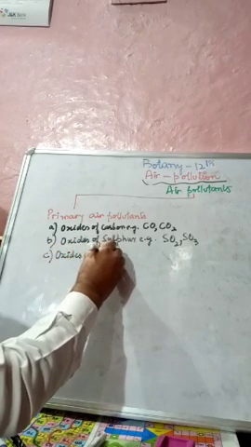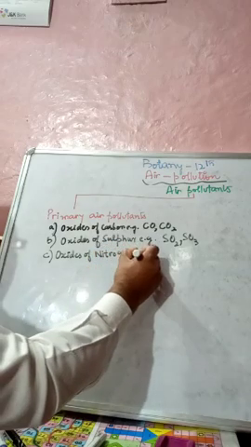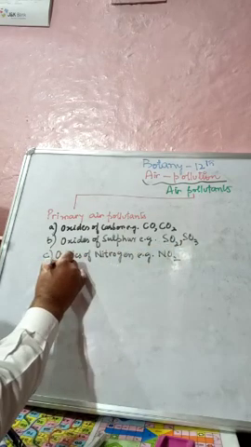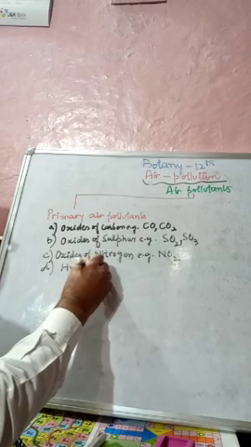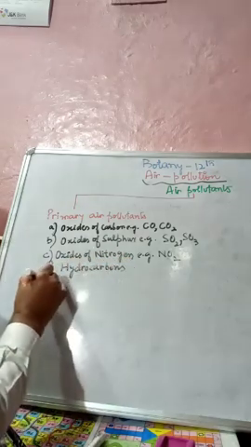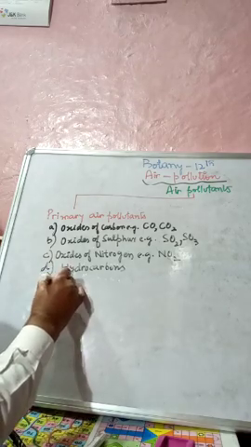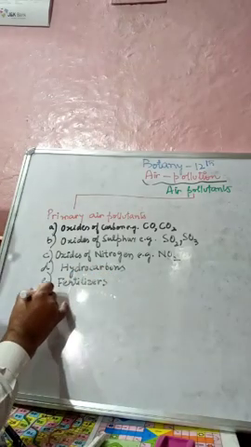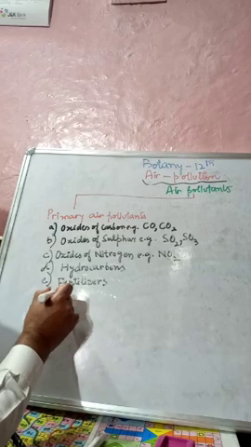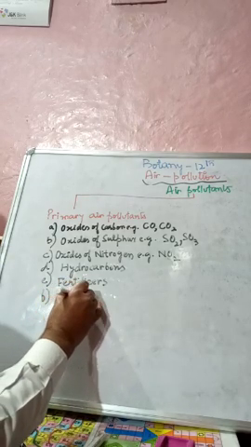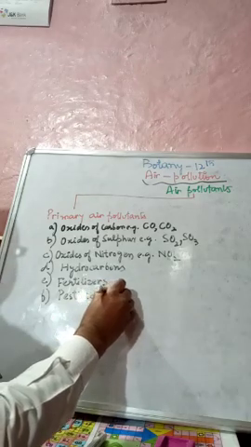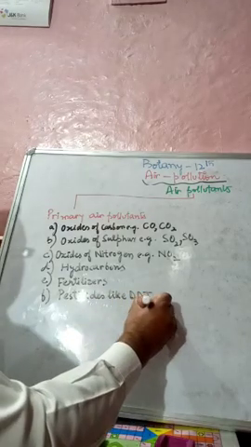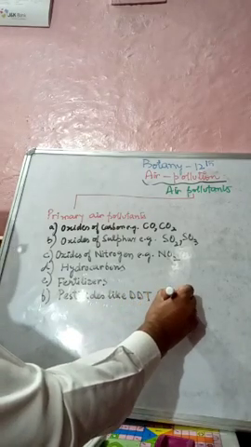Oxides of nitrogen, for example, nitrogen dioxide. D, hydrocarbons. E, fertilizers. F, pesticides like DDT, dichlorodiphenyltrichloroethane, or BHC, benzene hexachloride.